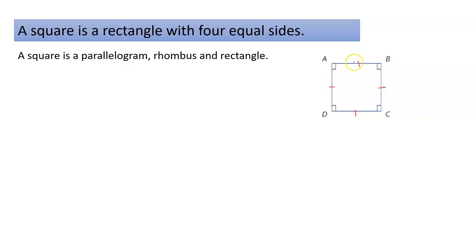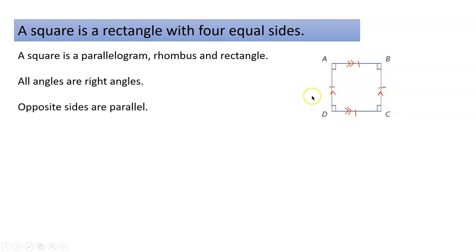That it's a parallelogram tells us that this side and this side are parallel, and this side and this side. All of the angles are right angles because it's a rectangle. Opposite sides are parallel because it's a parallelogram.